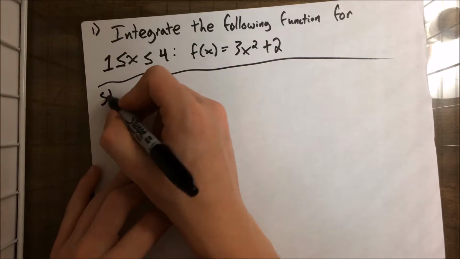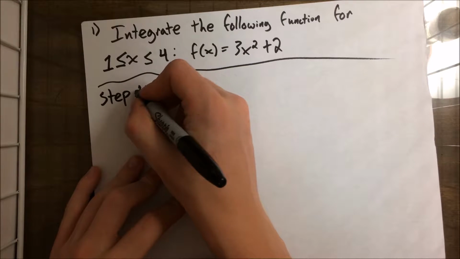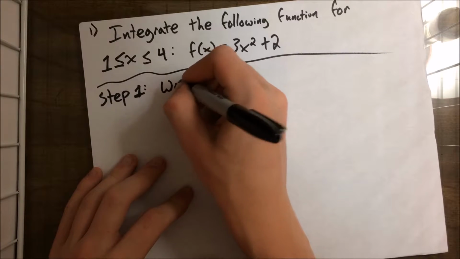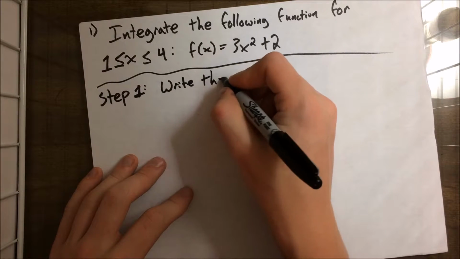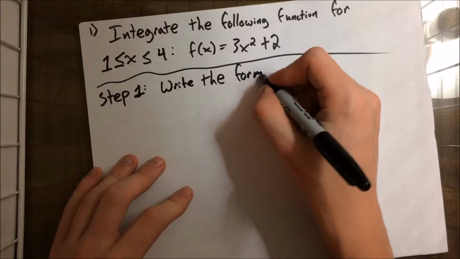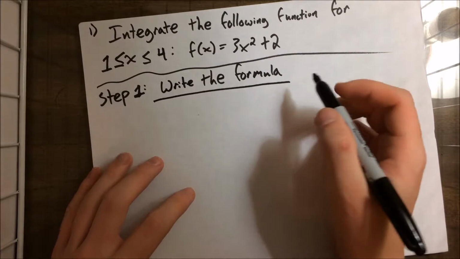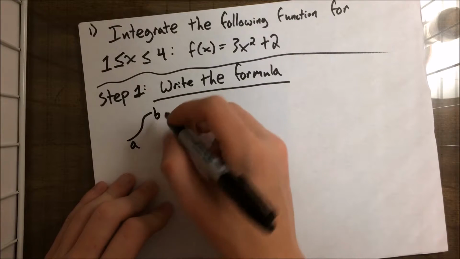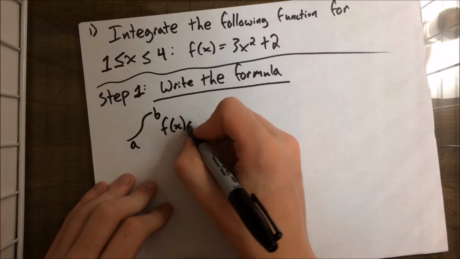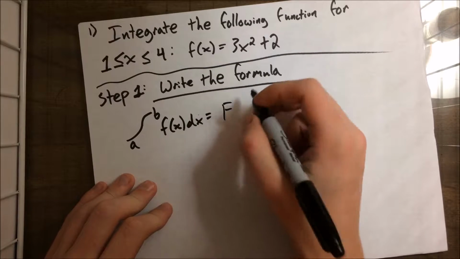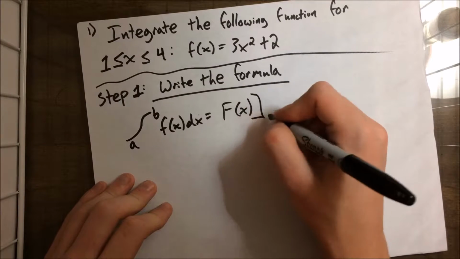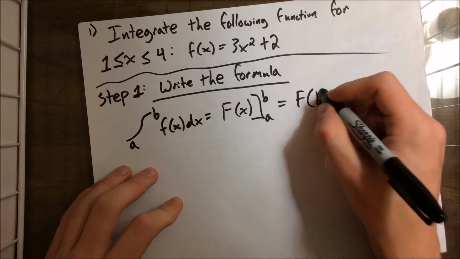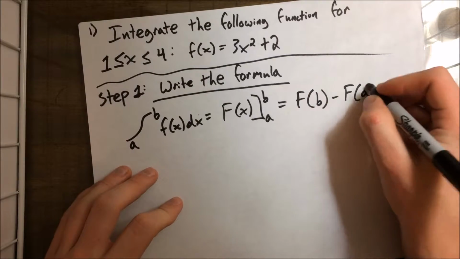So step 1 is to write the formula. If you remember, the formula is the integral from a to b of f of x dx is equal to capital F of x from a to b, which is equal to capital F of b minus capital F of a.